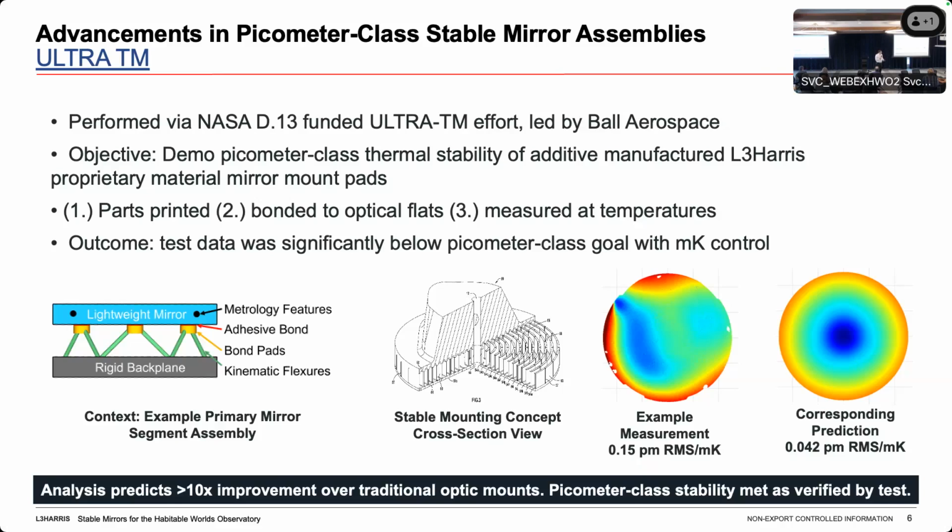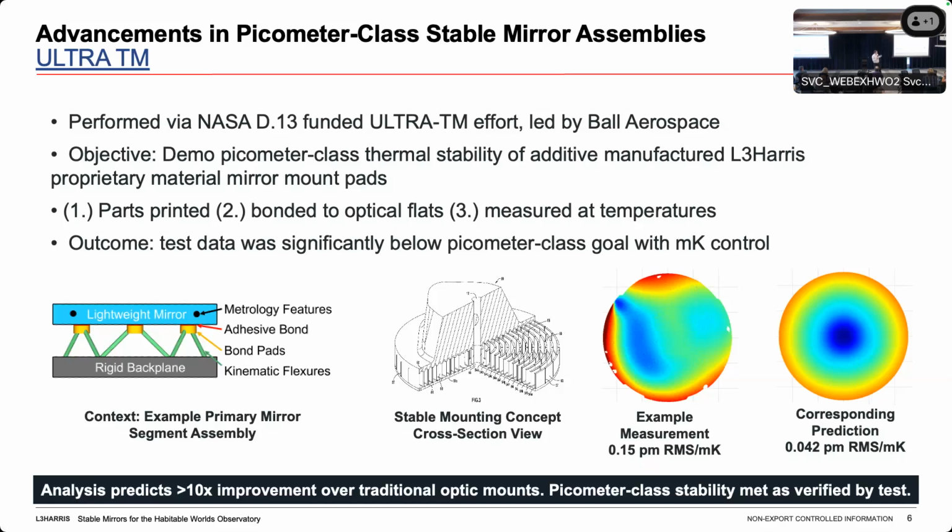This is enabled by 3D printed Invar, which if you go down later today, you may see Steve Sutton's poster on additive manufactured Invar, which is much more stable than the commercially available Invar. We actually demonstrated this in the lab. We built bond pads like this. I can't show them because my compliance folks told me not to.